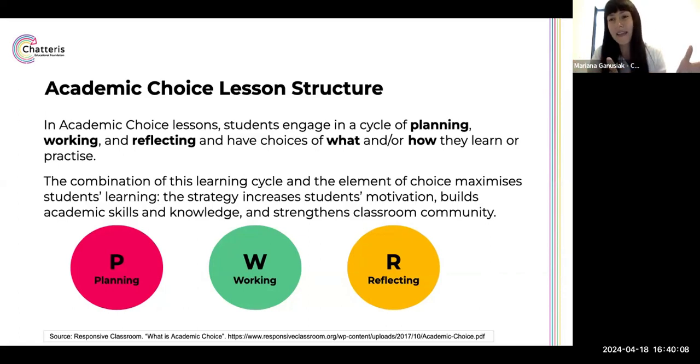What sets the academic choice strategy apart is that here students engage in a whole cycle of planning, working, and reflecting. And they have choices of not only what to learn, but also how to go about their learning. I will explain in more detail how it actually works in practice.